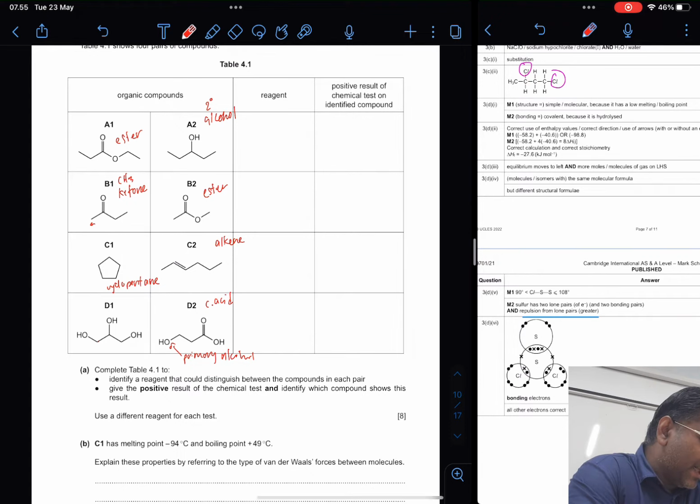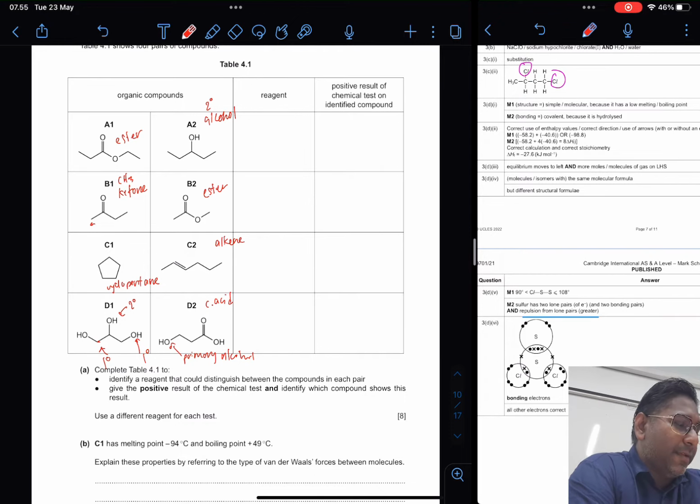But if you look over here, this part, the OH, is also a primary alcohol. There is C, so this part is secondary alcohol, and this is also going to be a primary alcohol. So all this will help us to answer our question over here.